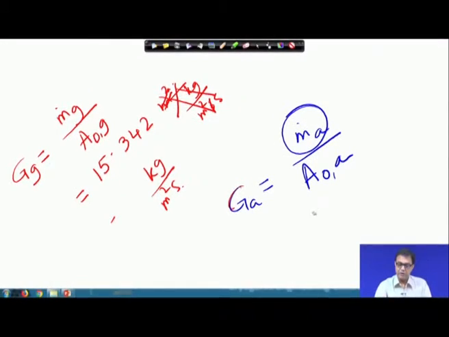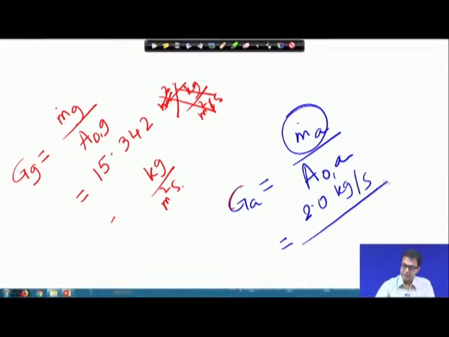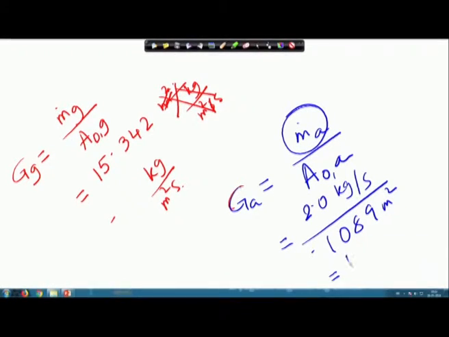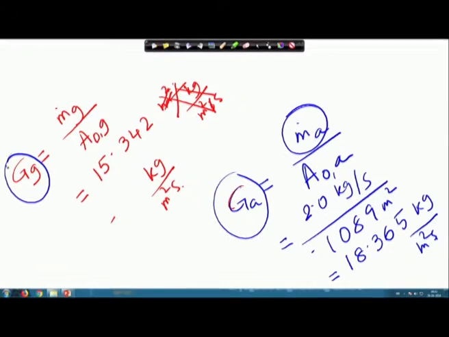We have calculated the mass flow rate, which equals 2 kg per second, and the area is 0.1089 meter square. That gives you 18.365 kg per meter square second. So, these are the mass velocities of air and the gas side, already known to us.